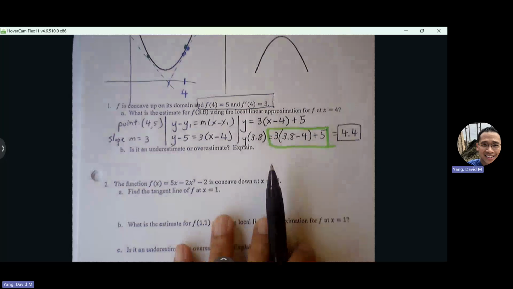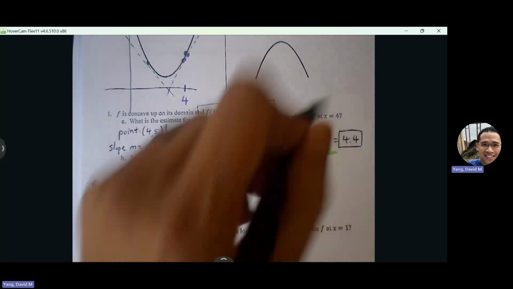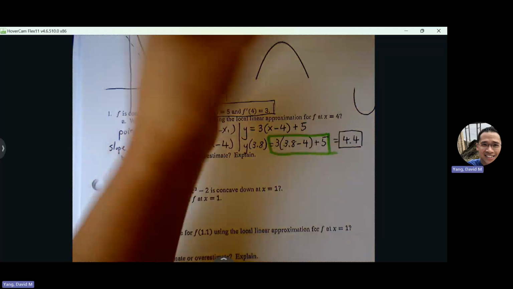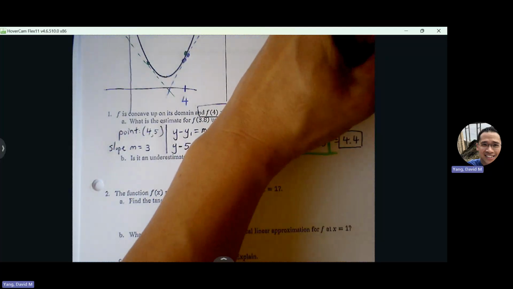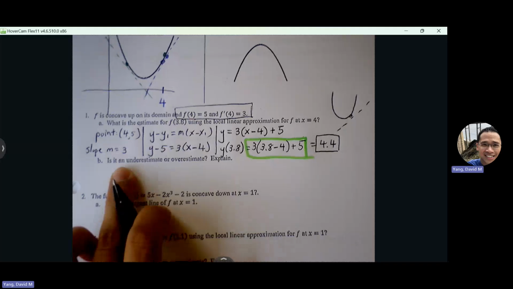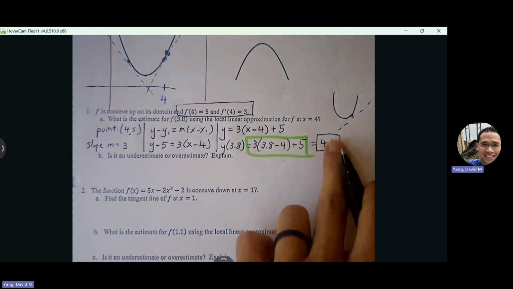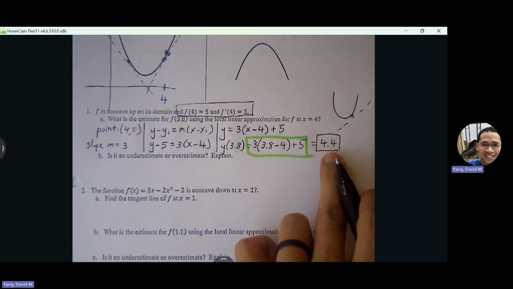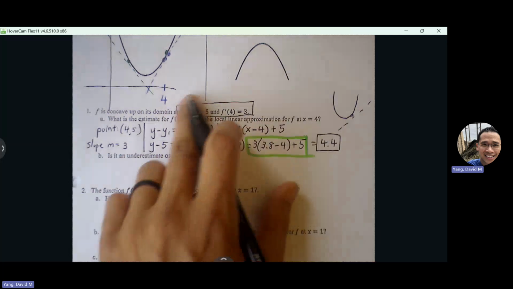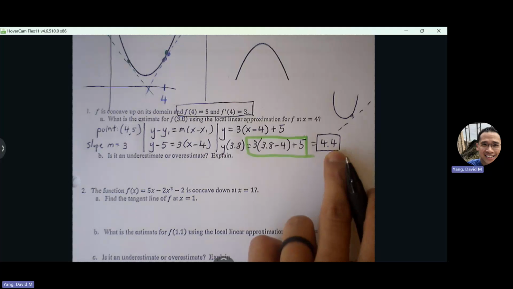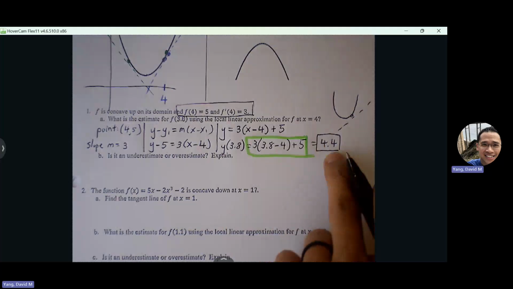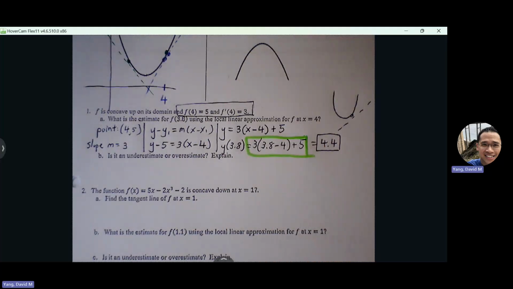So we know that the graph is concave up, and we're just building some tangent line on that concave up graph. Is this an under or overestimate? Is that 4.4 going to be higher or lower than the actual value on the curve? It's going to be lower, right? We don't know what the actual value is. We don't have enough data, but we definitely know, based off of this concave up and linear approximation, it's going to be some lower value.